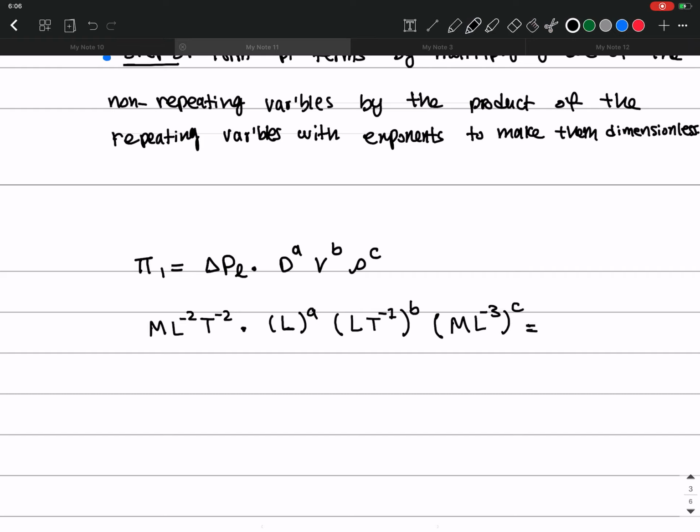I want to make this dimensionless, so the dimension of this should equal M^0 L^0 T^0.